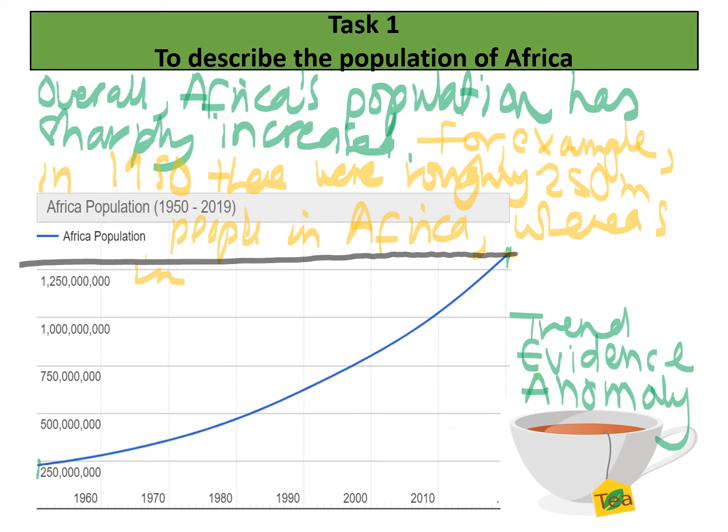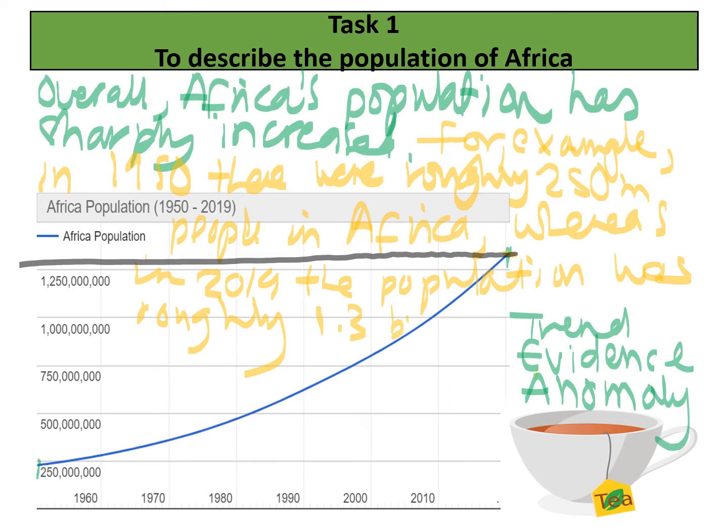Whereas in 2019, the population was roughly, so it's just above that line. So if we were just given a guesstimation, I would say roughly 1.3 billion.